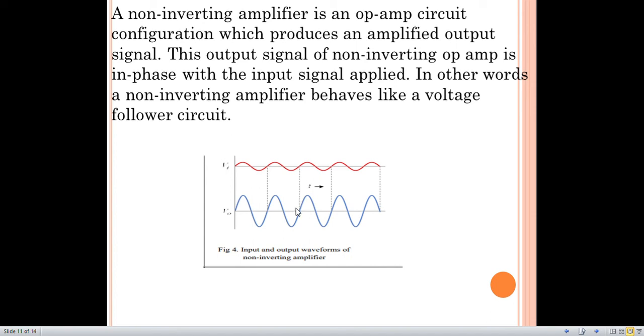We can clearly see that on using op-amp as a non-inverting amplifier, our output has been amplified and this output signal is in phase with the input signal. So we can say that our non-inverting amplifier acts as a voltage follower circuit.